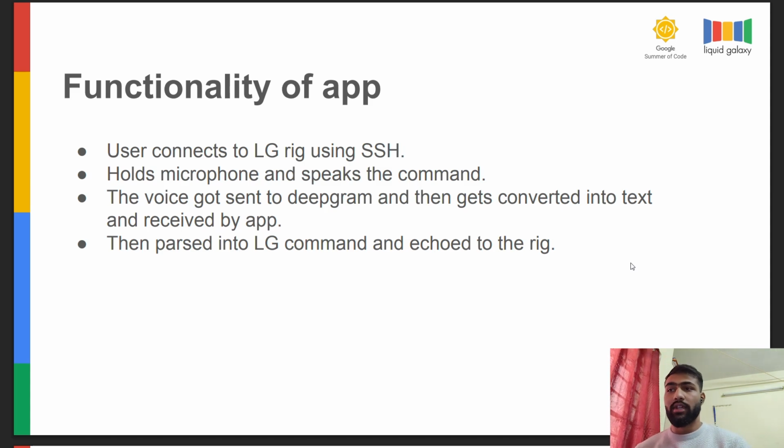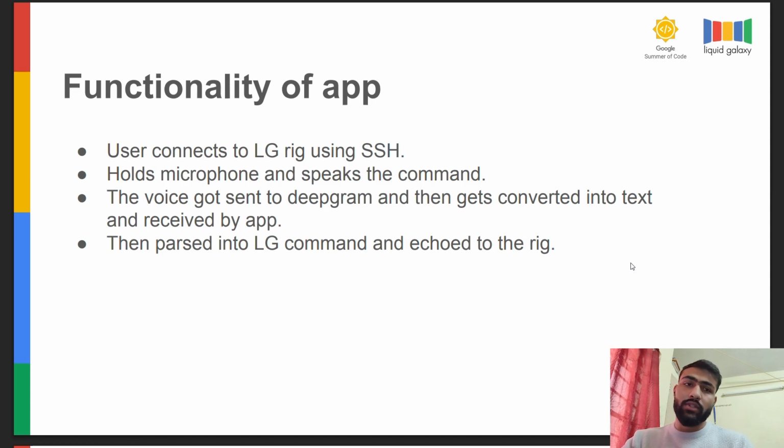We will connect the LG rig using SSH after entering credentials like IP, username, host password, port, and number of rigs, and we will use dartssh to connect. Then on the home screen, the user will get a microphone button, and they will speak the command.